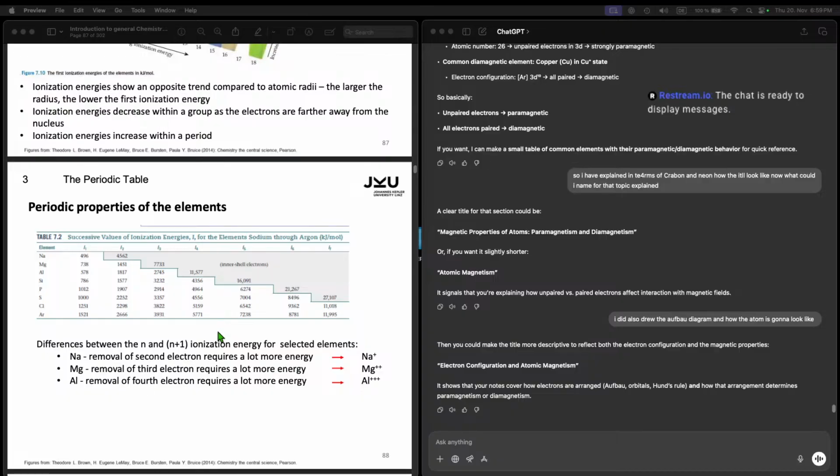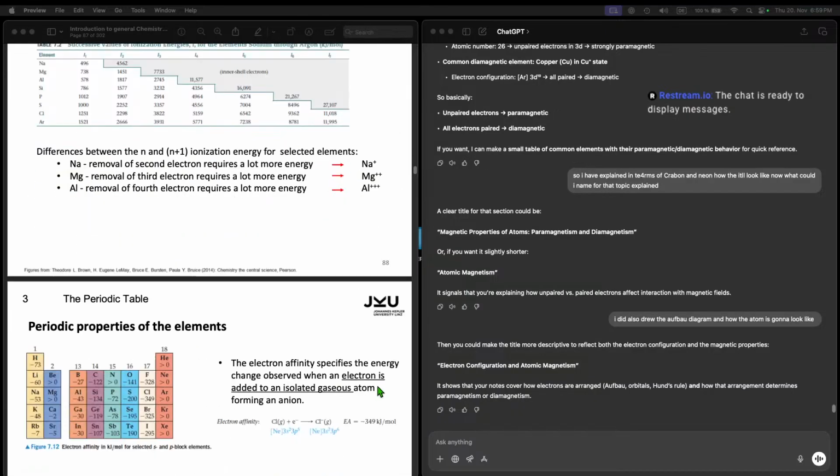Difference between N and N plus 1 ionization energy for selected elements. Na removal of second electron requires more energy, yeah, I get that.